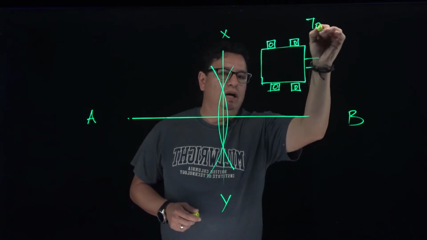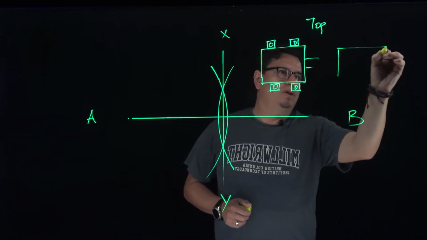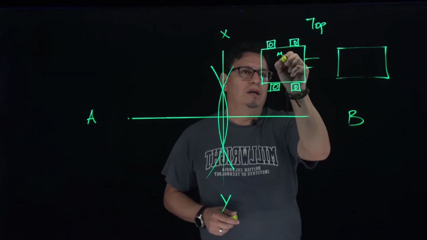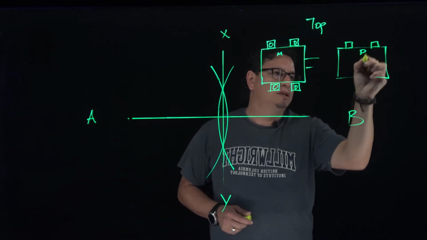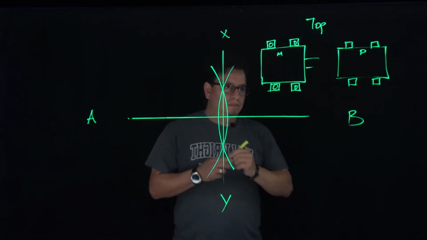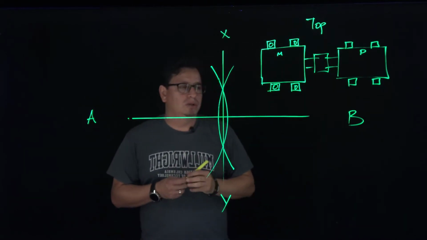So this is our top view. Let's call this our motor, and this will be our pump, which also has mounting brackets. And this would be joined together with couplings.